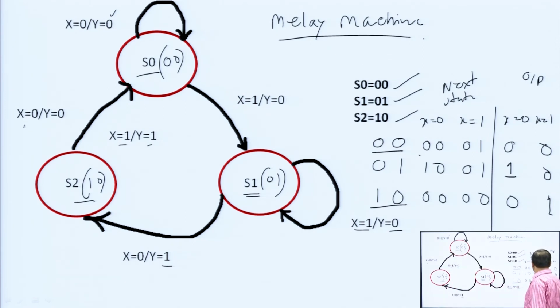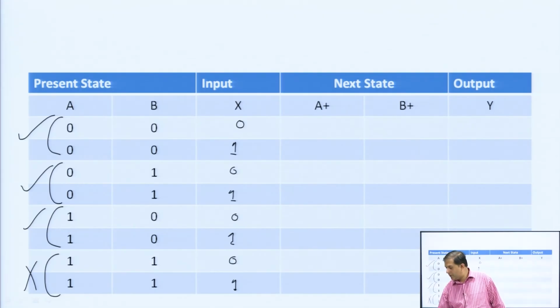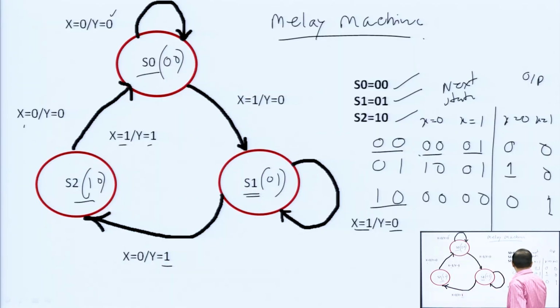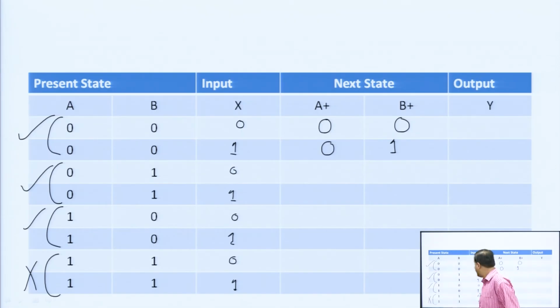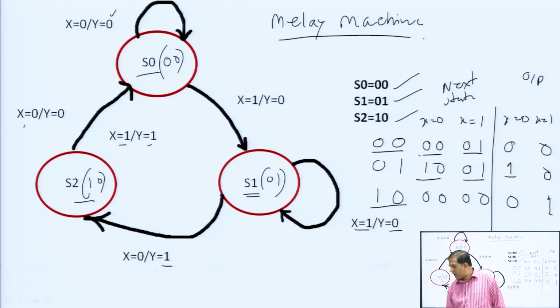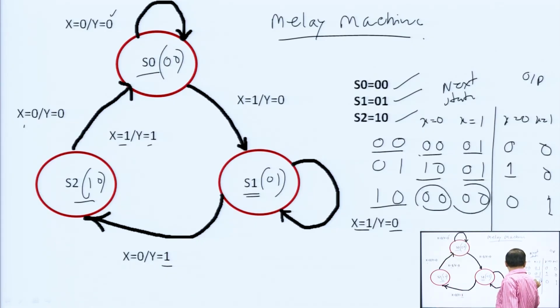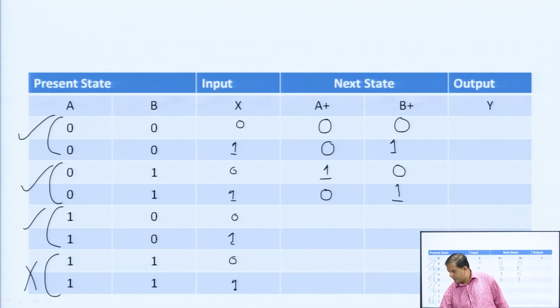Just take the values 0 0 and 0 1, then the next values are 1 0 and 0 1, 1 0 and 0, and the last one 0 1, then 0 0 and 0 0, and outputs we are also checking.